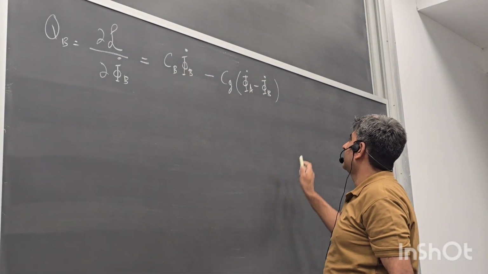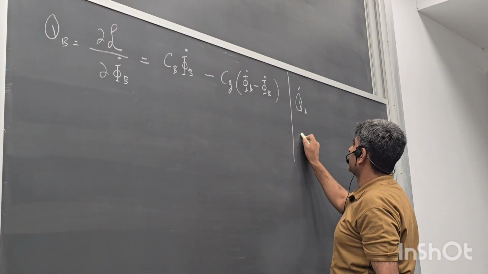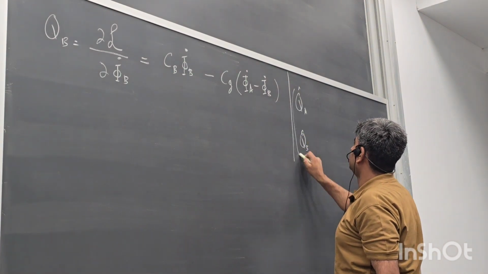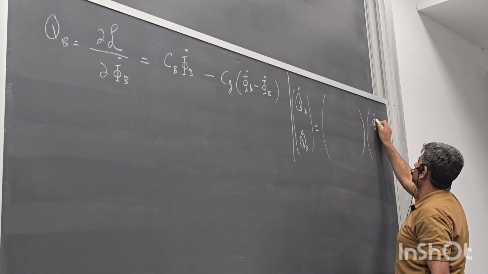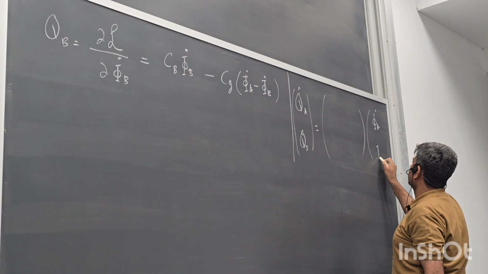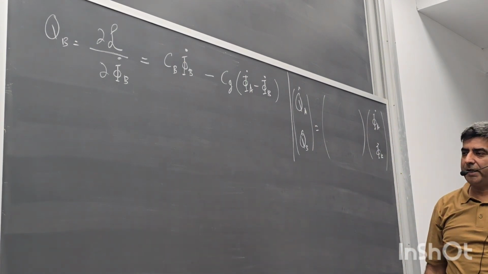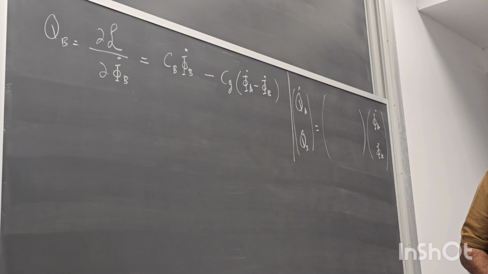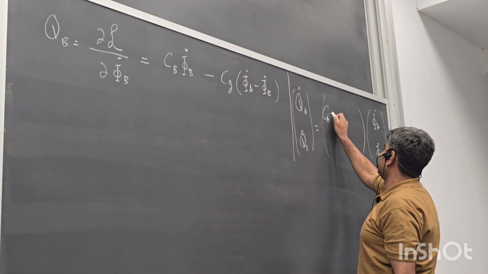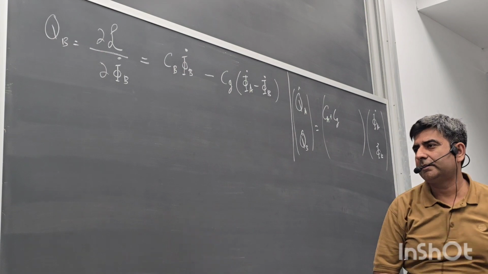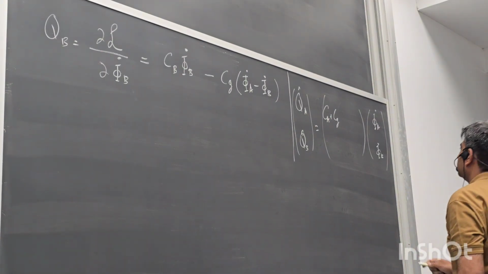So let me write this as a matrix equation, QA and QB in terms of phi A dot and phi B dot. QA is CA plus CG, and then minus CG.